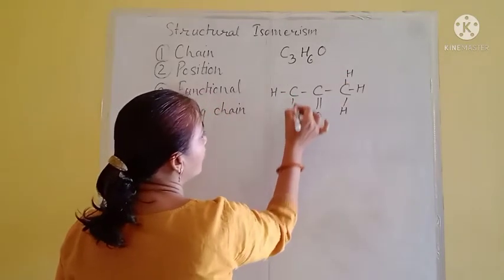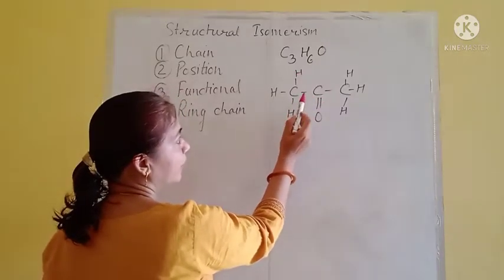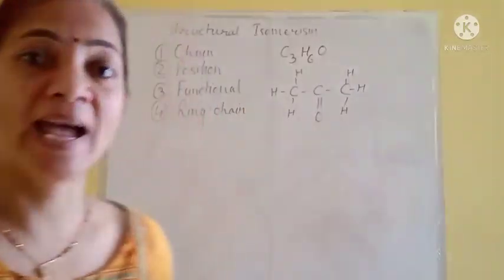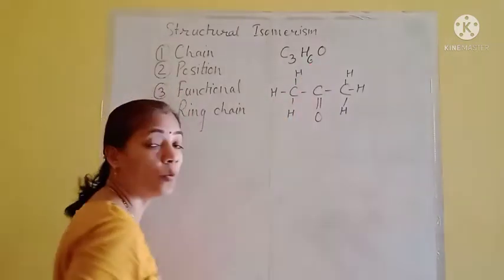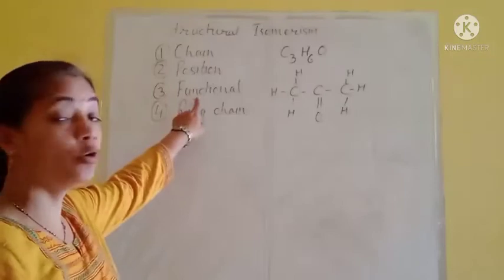For this carbon, all 4 valencies are satisfied. You can count 1, 2, 3, 4. So this is one of the structures which can be formed with the molecular formula C3H6O. This is a ketone group, so the functional group is the ketone group.